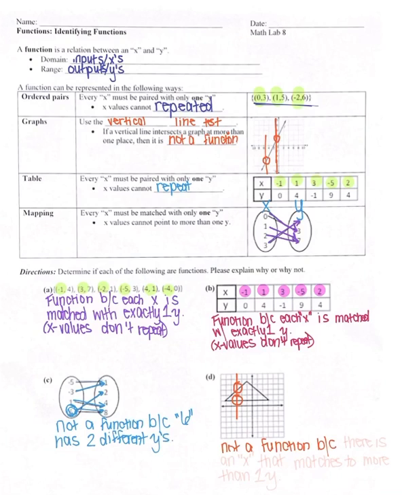Because each x, or we can say there is an x with more than one output, because not every single input has to have multiple outputs.